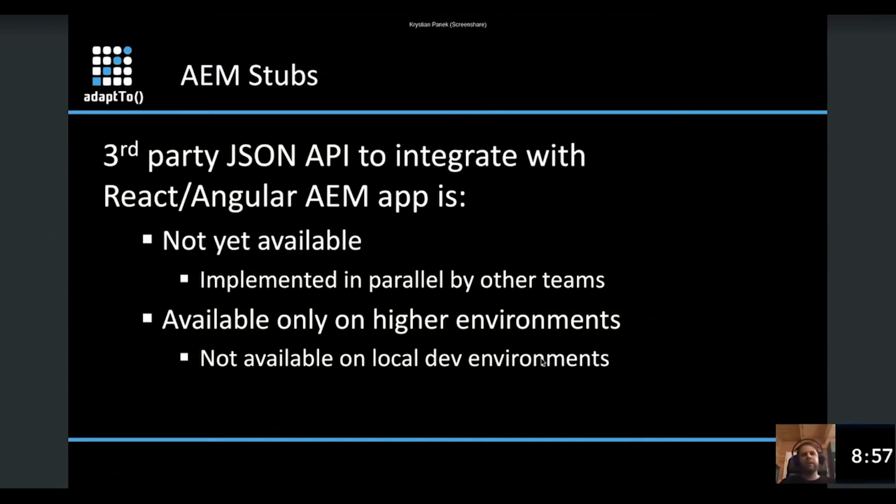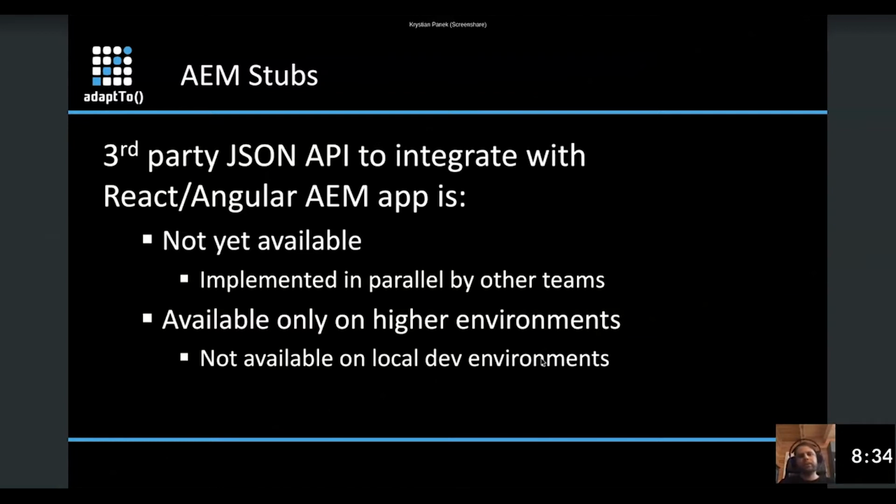For example, the AEM project team wants to start implementing components earlier than when the third-party APIs are yet available. So the stubbing and mocking may be helpful here.